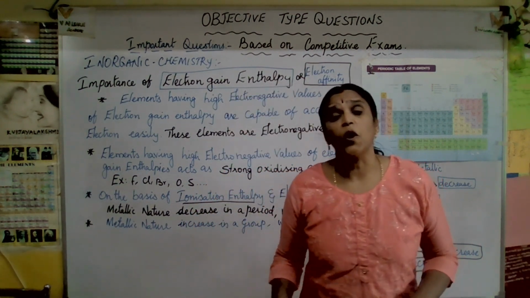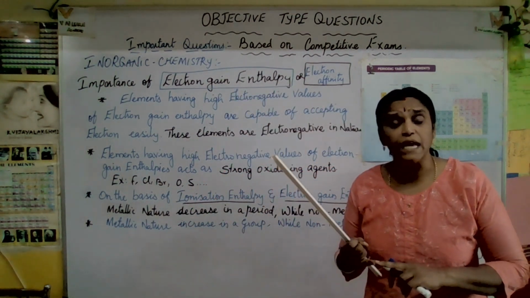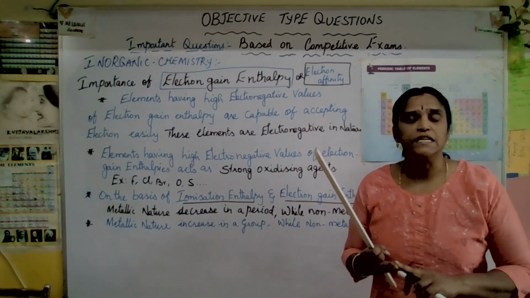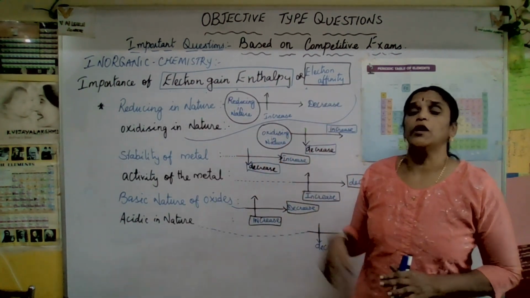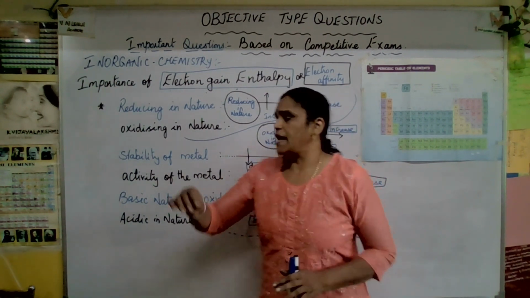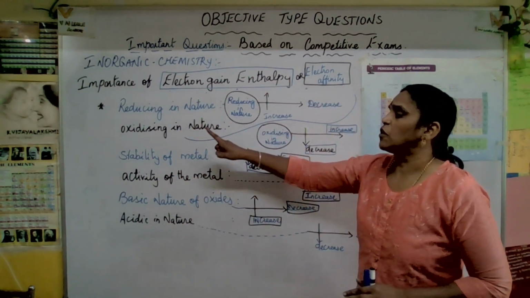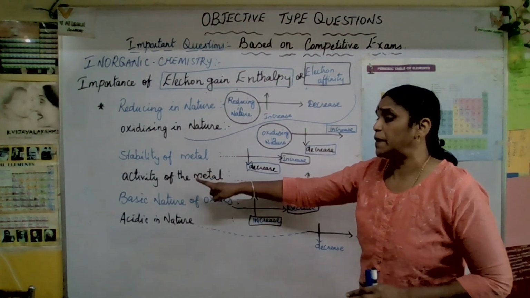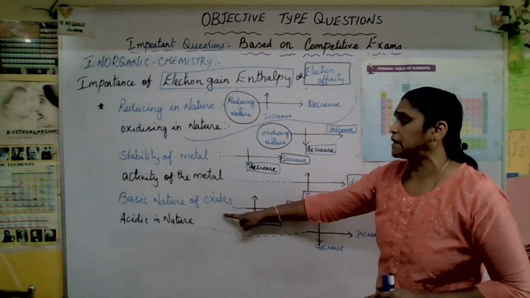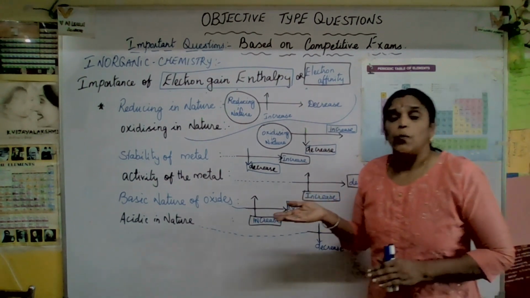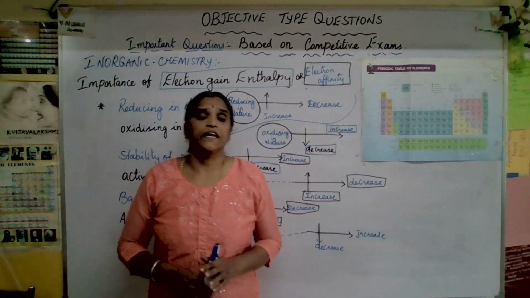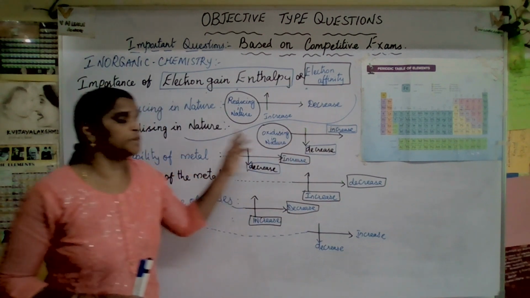Now in the next point we are going to see reducing agents and oxidizing agents. Electron gain enthalpy plays a very big role in the periodic table. Reducing nature, oxidizing nature, stability of metal, activity of metal, basic nature of oxides, acidic nature: whether all these are increasing or decreasing along the group and period.